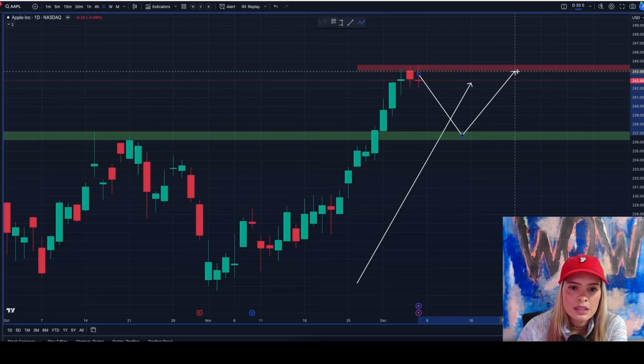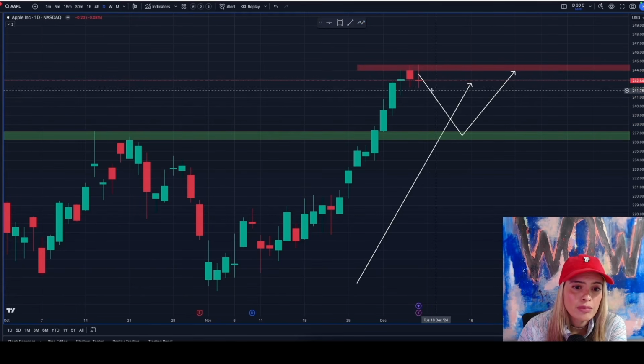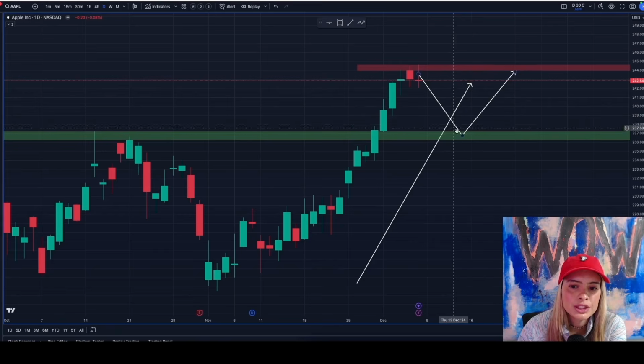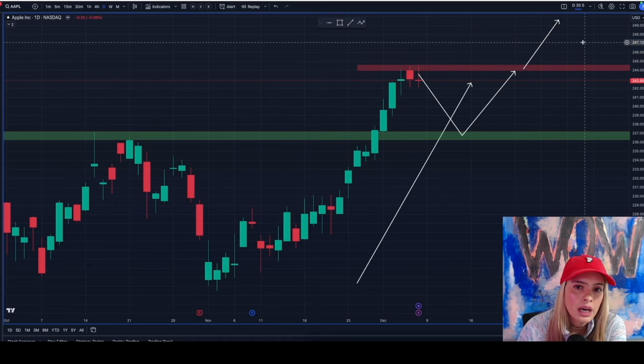That will be my entry. So what I like on this chart is if you give me a pullback to this previous all-time high level, I would definitely look for entry here on the 5-minute time frame to play the upside move, most likely to this all-time high, the new all-time high, or even another leg higher.